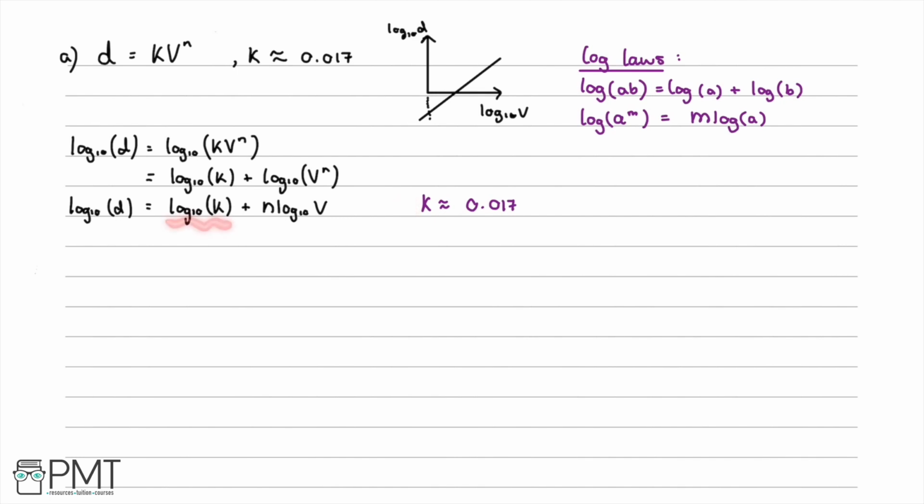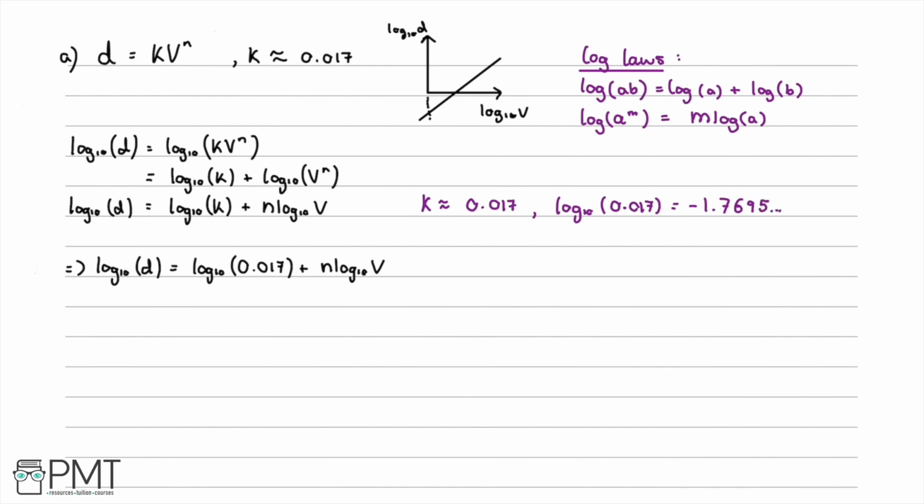We'll then have that log base 10 of d is equal to log base 10 of 0.017 plus n log base 10 of v, and then putting into our calculators, log base 10 of 0.017 is going to equal negative 1.7695 and so on.